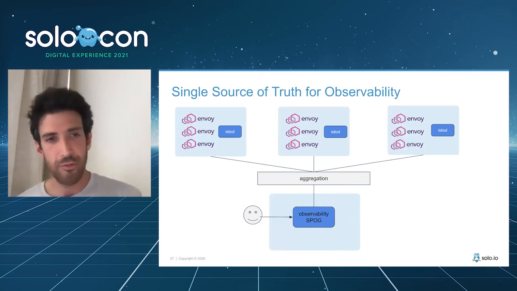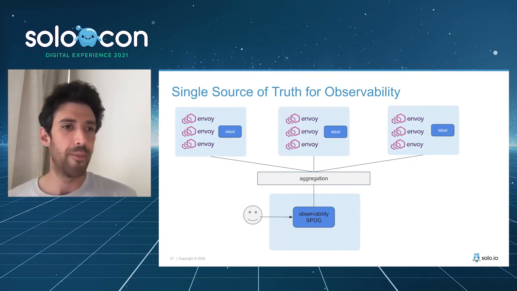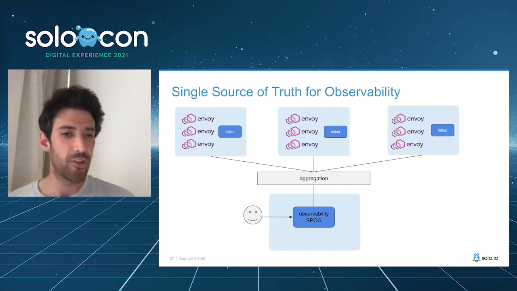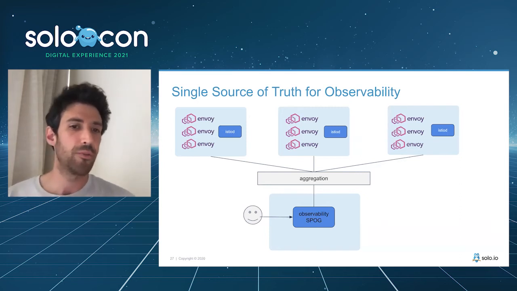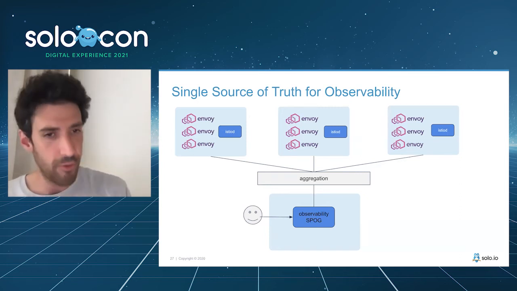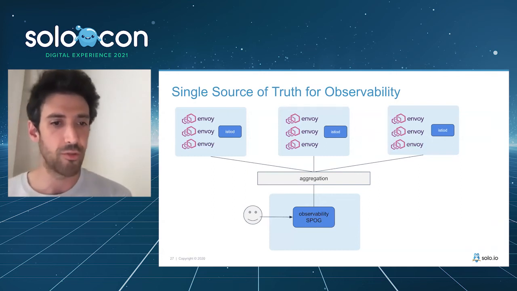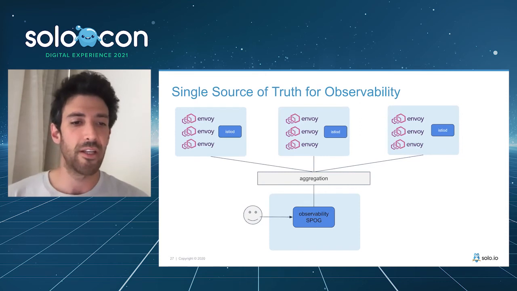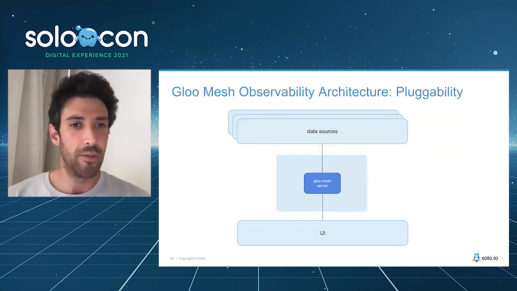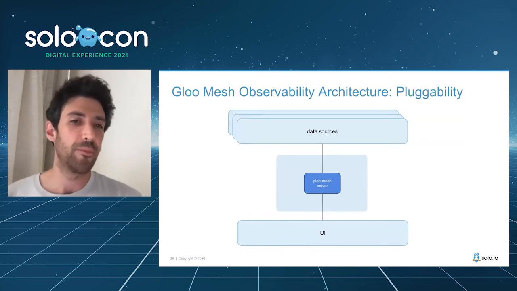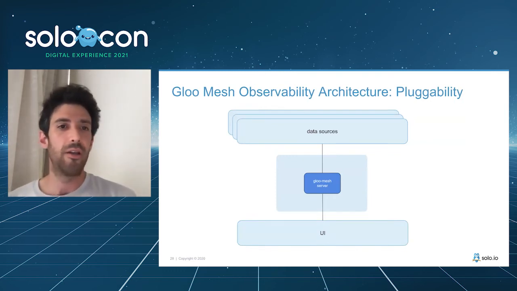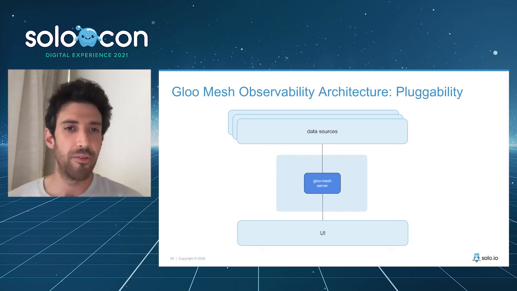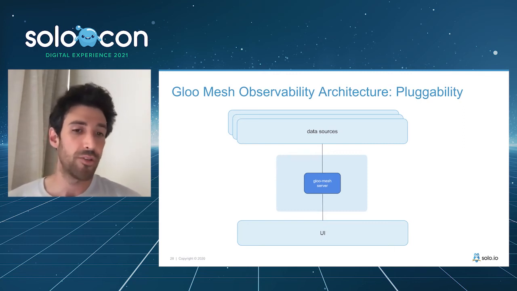So we've solved this for our users through the use of an aggregation layer, which funnels metrics, logs, and in the future, we'll be doing traces as well, into a single pane of glass that is then accessible to a user or third-party application, which can take data from disparate sources. Another feature of this system that we've developed is the pluggability of data sources.